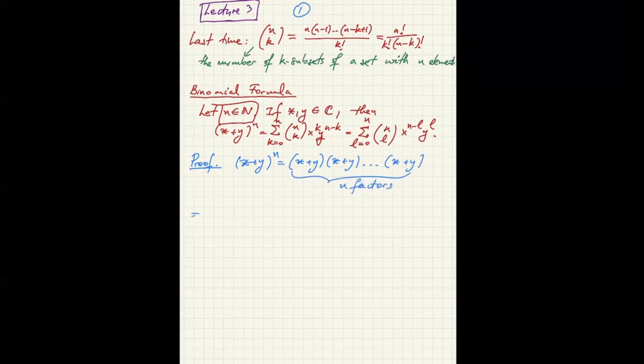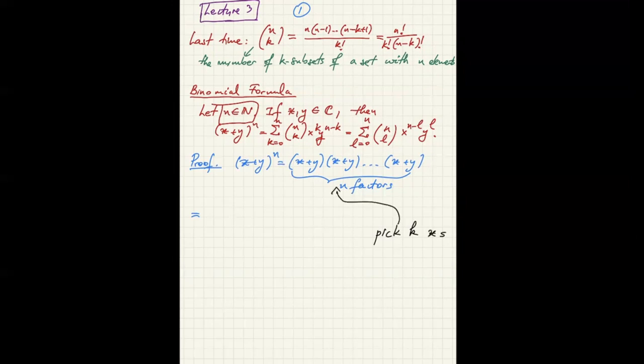In order to calculate the outcome of this product, we have to pick from each bracket, or from each factor, an x or a y and make the multiplication and put them all together. Now, let's say we fix a number of x's that we're going to pick from these n brackets. Let's say we pick k x's from these n factors.